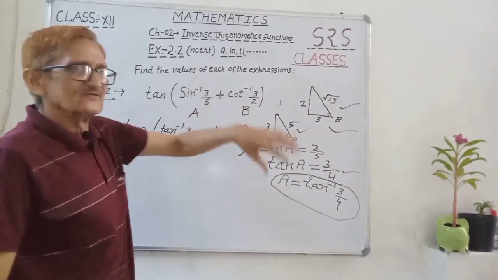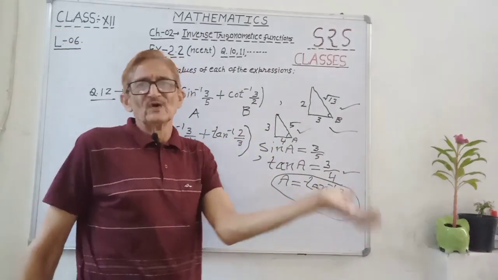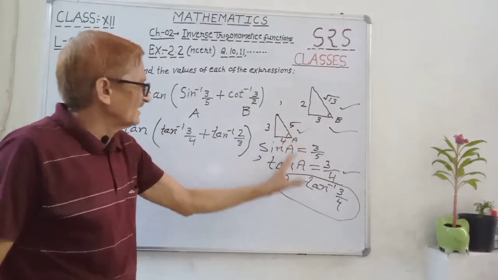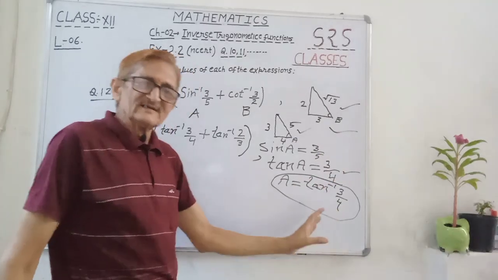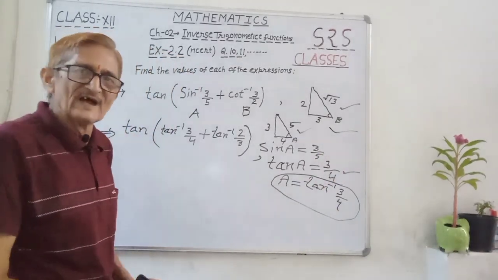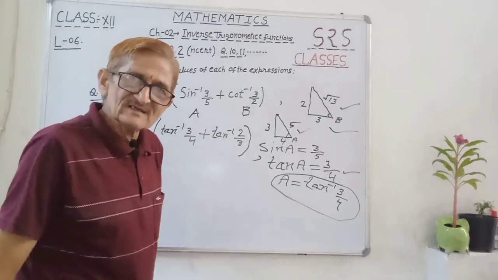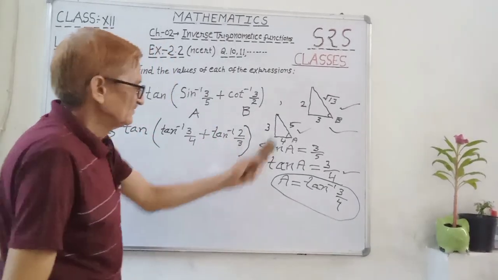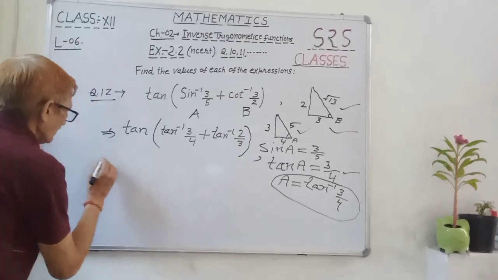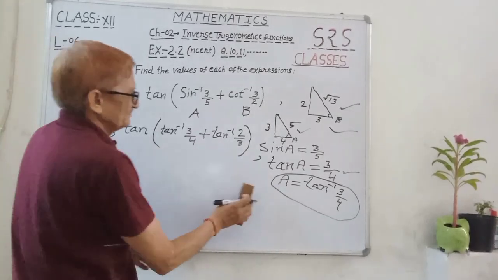Sin inverse can be converted into the other 5, and cot inverse also by the triangle method. You must remember how to write any inverse in another inverse using this method. Now, tan inverse A plus tan inverse B.